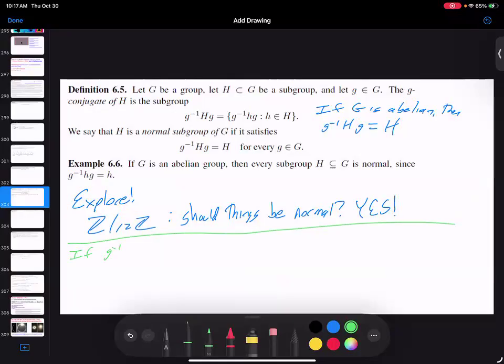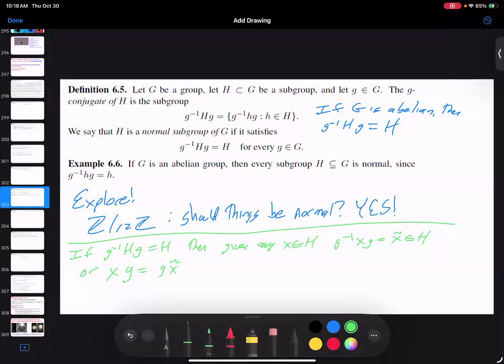If g inverse H g equals H, then given any x in H, g inverse x g equals some new element x tilde in H. Or xg is going to be g x tilde.